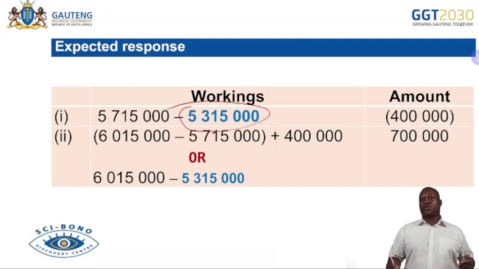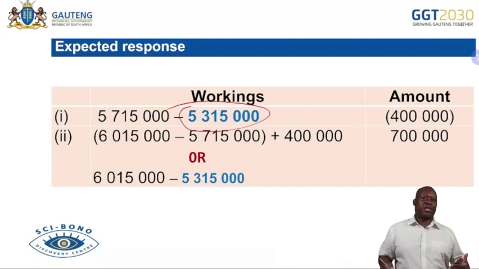Because we may want to use this figure, right? How much was left? It can be used in the calculation that follows. Because if we know how much was left and we know the final figure of our assets, then the difference between the two is our addition.